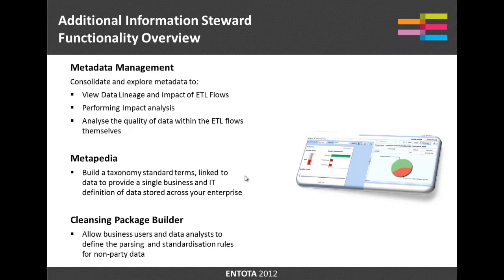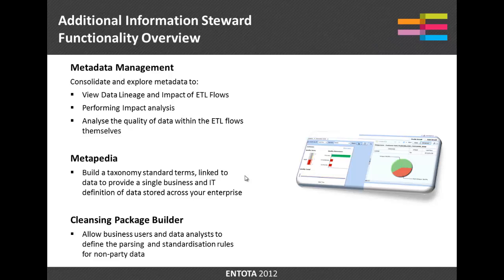And underneath there you could have further terms defining net profit, gross profit, etc. And you can associate all of those terms and categories to specific objects within your ETL, within your business intelligence, within your database layer, so that you can then search for customer and find everything that's related to customer and work through that and then understand the impact of that term and that definition. So Metapedia allows us to create these taxonomies and categorizations of the objects that you're defining within your metadata management suite and information that you have available there.